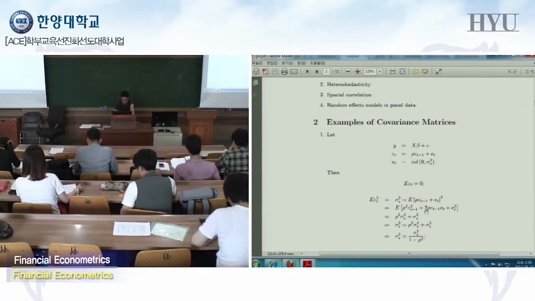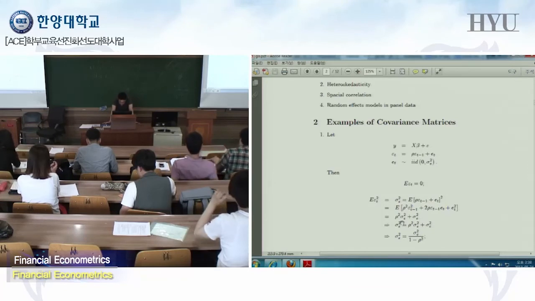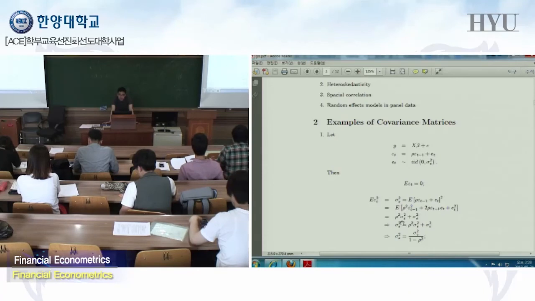Now we can put the expectation inside. The first term is rho squared times the expectation of epsilon t minus 1 squared, which is the same as the expectation of epsilon t squared. We can drop t because it is unconditional, so the first part is rho squared sigma epsilon squared.